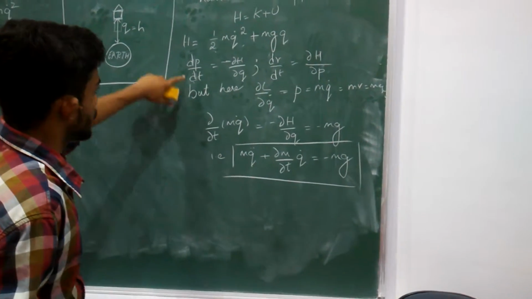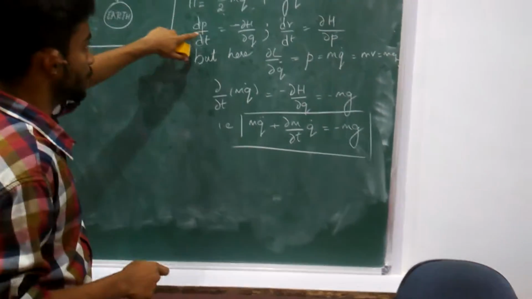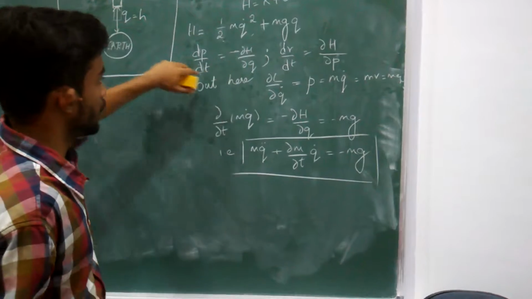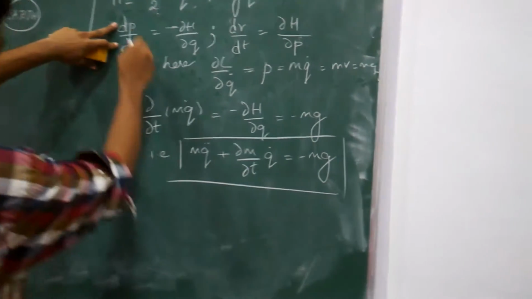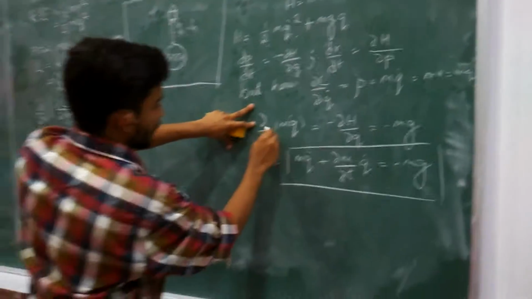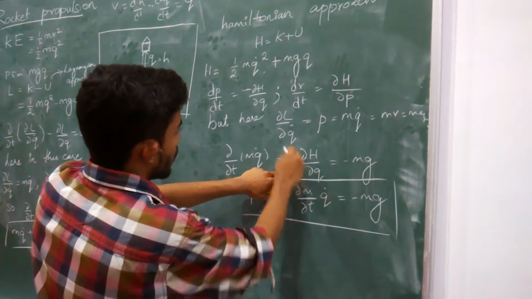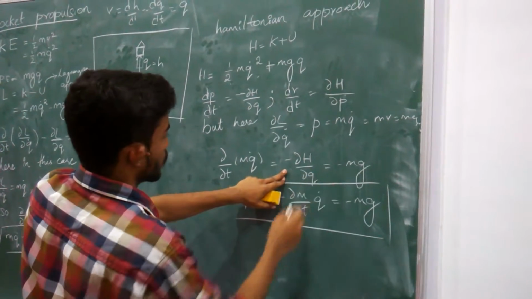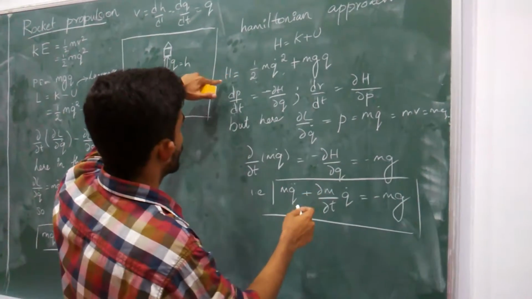Taking the first equation of Hamiltonian, that is dp by dt is equal to minus dou h by dou q, this dp by dt can be written, as p is equal to mq dot, as dou by dou t of mq dot, equal to the RHS, that is minus dou h by dou q, from the Hamiltonian equation.